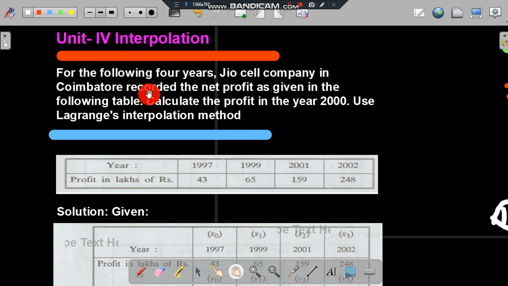So this type of calculating a y value for the corresponding x value is called interpolation.